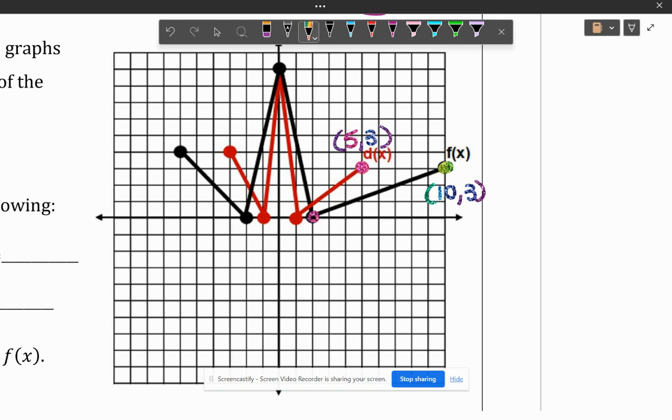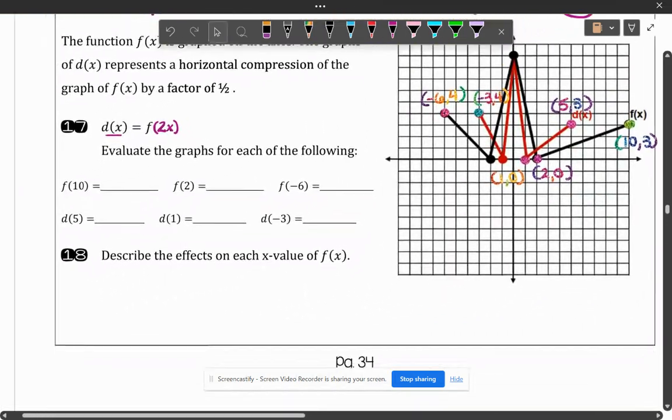Okay, f of 2 is 0, and D of 1 is 0. All right, and last but not least, I want to look at f of -6 is 4, and D of -6 is 2. Sorry. D of -3 is 4. Don't know where my head was at there.